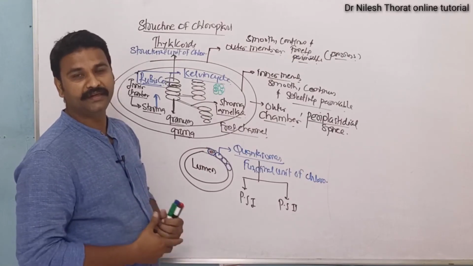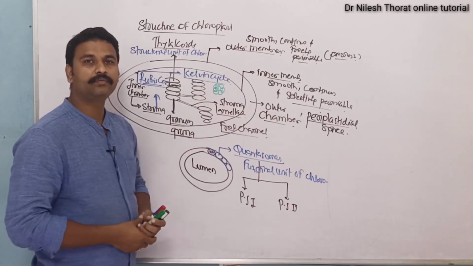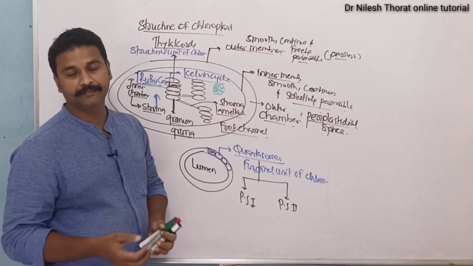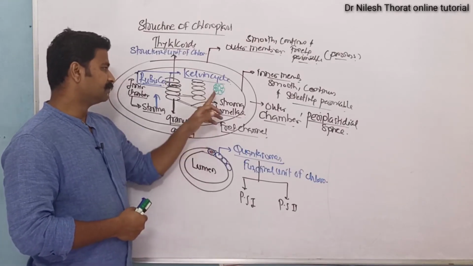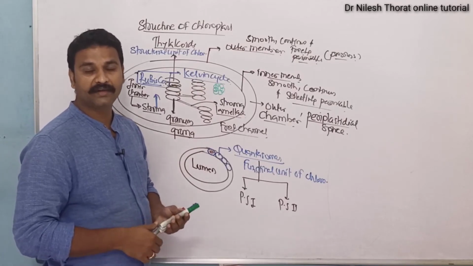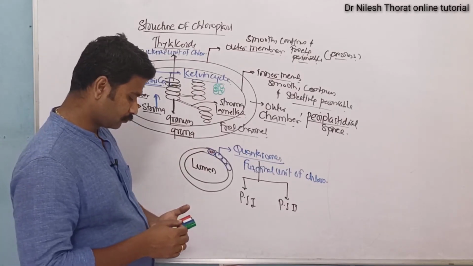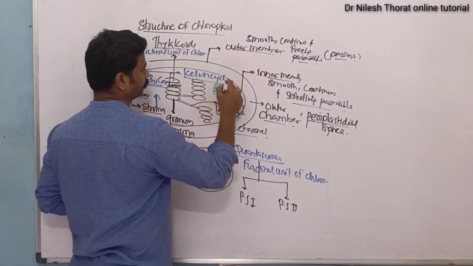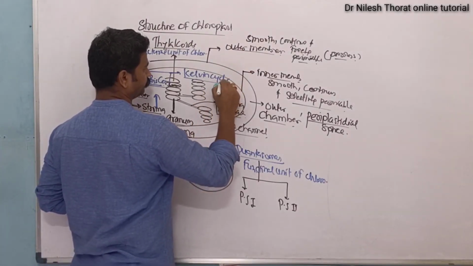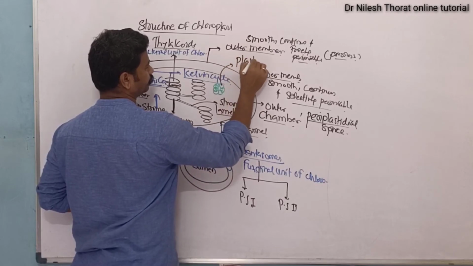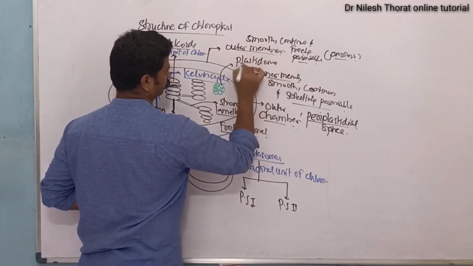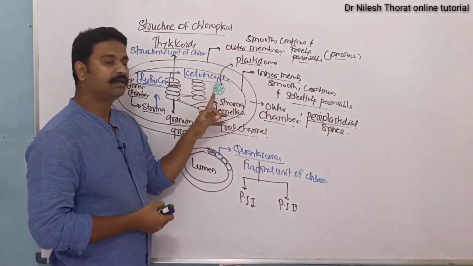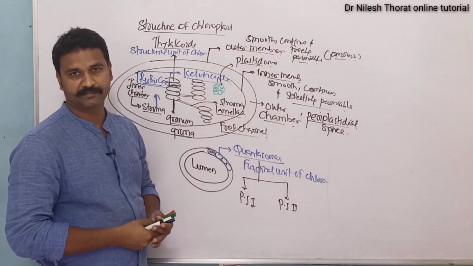The ovule will inherit this plastid, and due to that various types of variegated leaves get produced in Mirabilis jalapa. This DNA of plastid is called plastidome, and it is responsible for cytoplasmic inheritance.